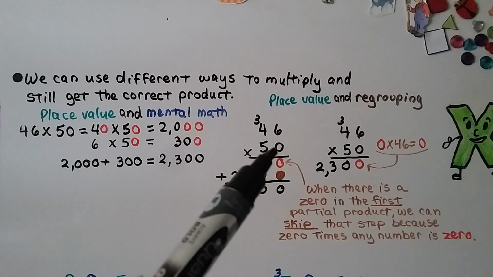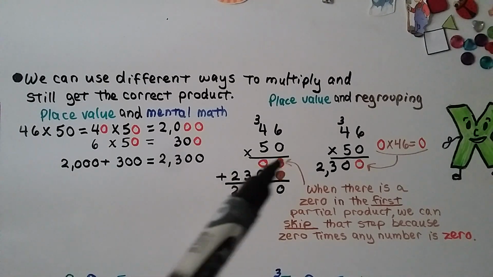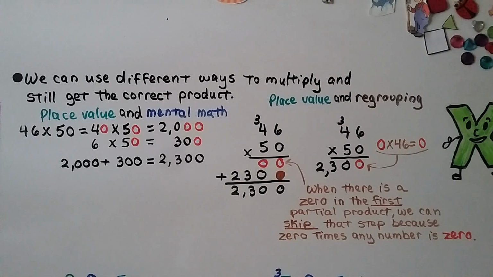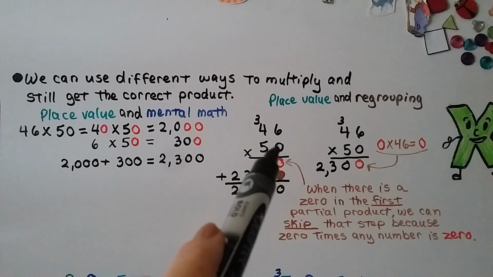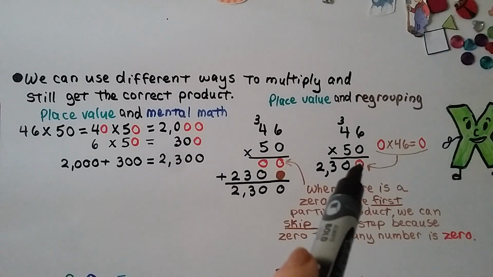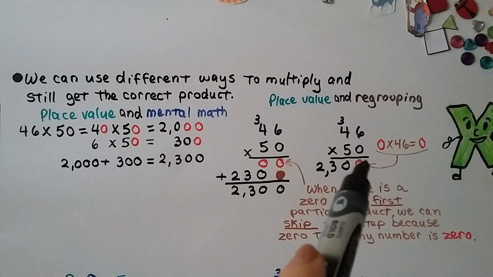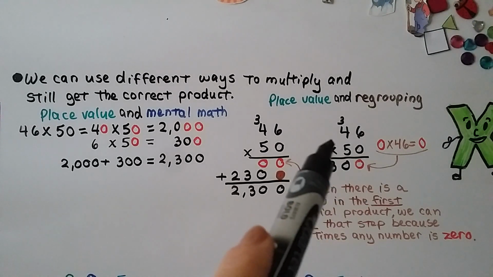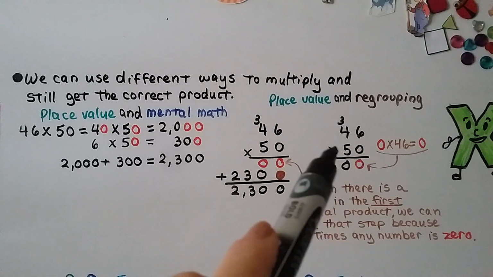So when there's a 0 in the first partial product, we can skip that step because 0 times any number is 0. If we have a 0 here, we know we're doing 0 times 46, and 0 times 46 is 0, so we just write a 0 in the ones place. Then we move over to this 5 and say 5 times 6 is 30.